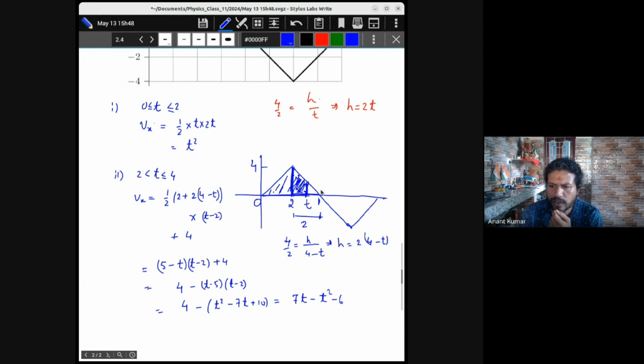If I put t equal to 4, I should get half into the base into the height, the base is 4, height is 4, so 8 actually. But I'm not getting it. Getting 6. Wrong.